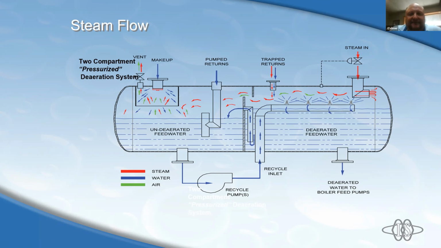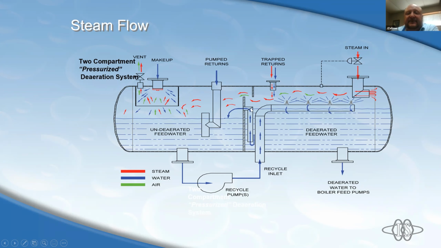You bet. No problem. So this is a true split tank. As we spray in, we have a recycle pump that consistently runs all the time and sprays into here. So this is our first stage of deaeration as we spray the water in. Then as we spray it in over here, we're getting a second stage, and then it drops down into our deaerated water. However, we have an internal baffle in here that will control the water level on the deaerating side.